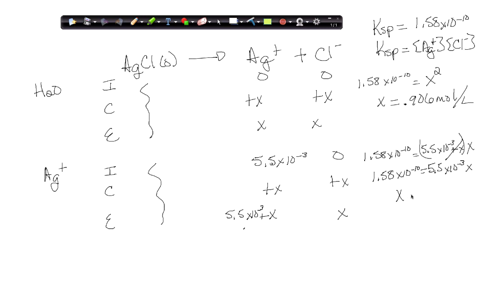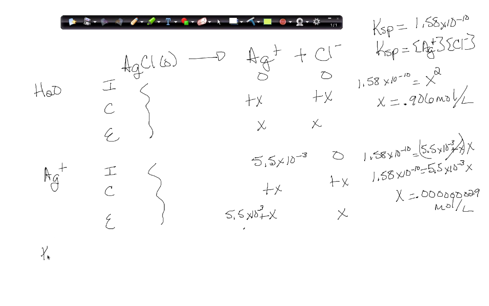So solve for x, and you're going to get 0.0000000029. And as you can see, the solubility went way down, because I already have some of that ion present. So let's do that again for the chloride ion.